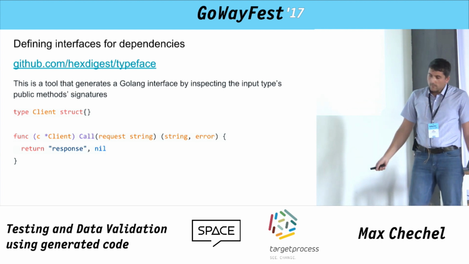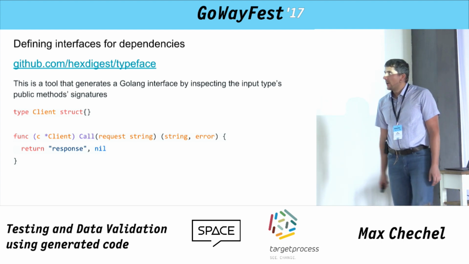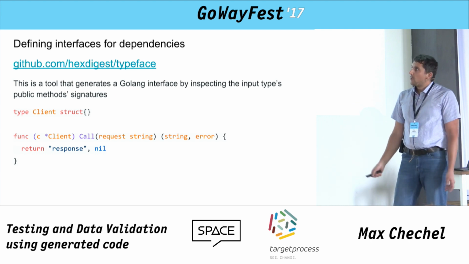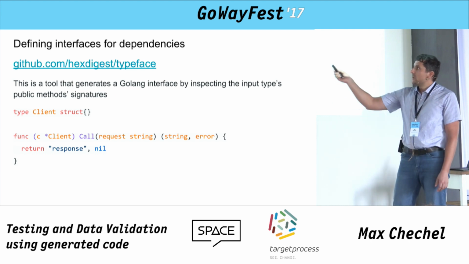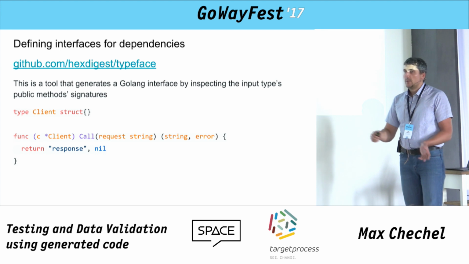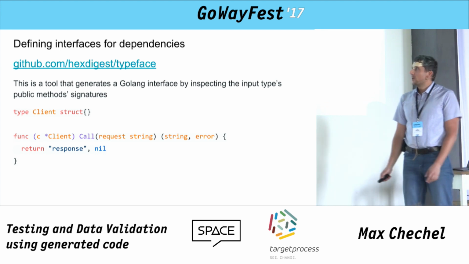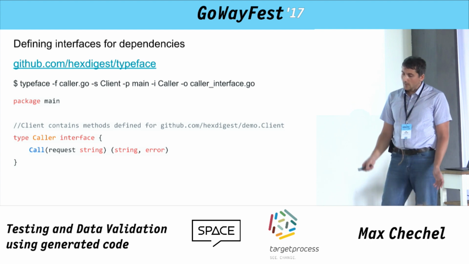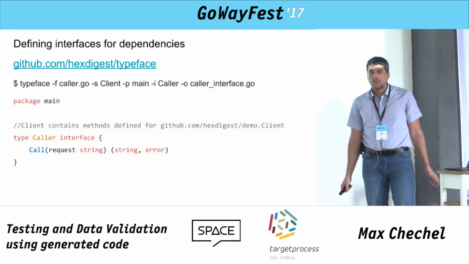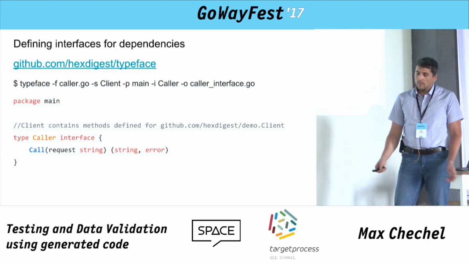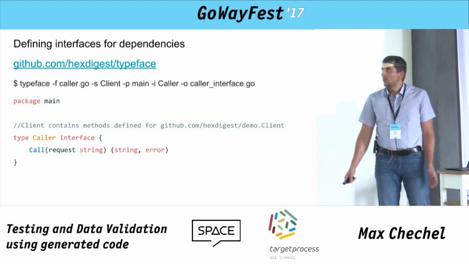Of course, in this very case, it's probably easier to just copy the signature of the call method to some interface and create it yourself. But when you have rich APIs with dozens of methods, it becomes boring, right?